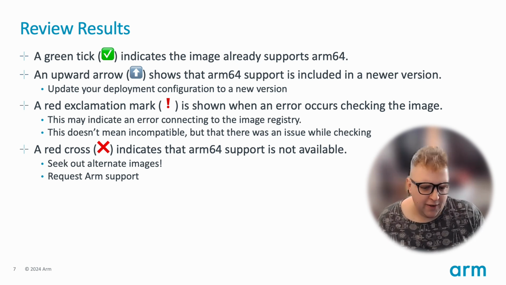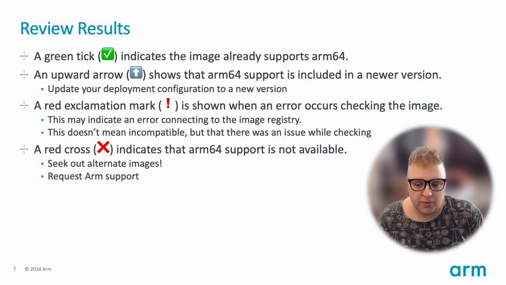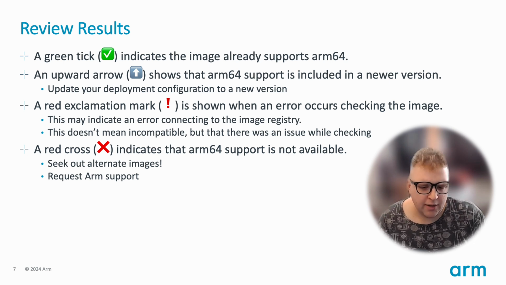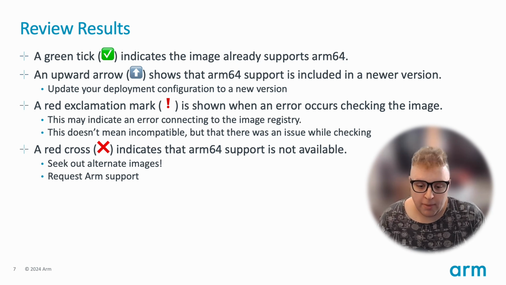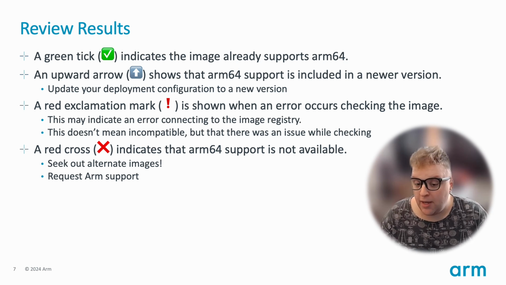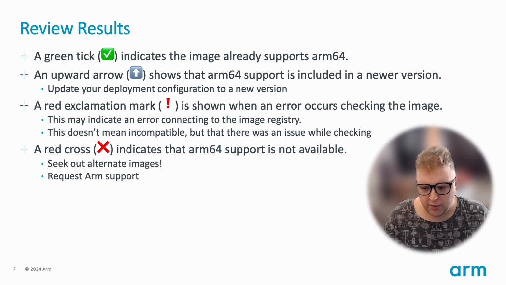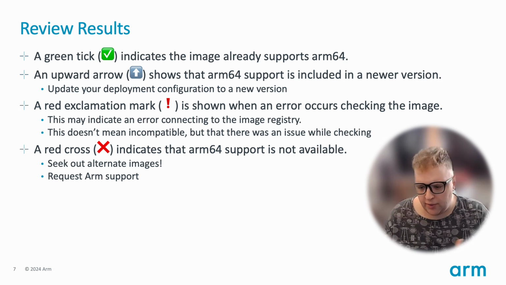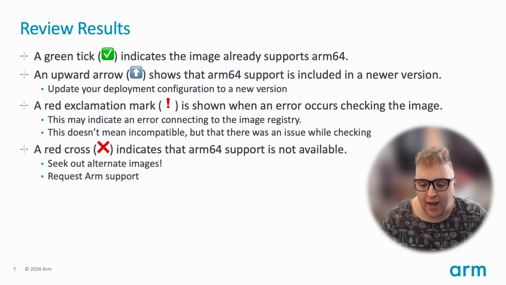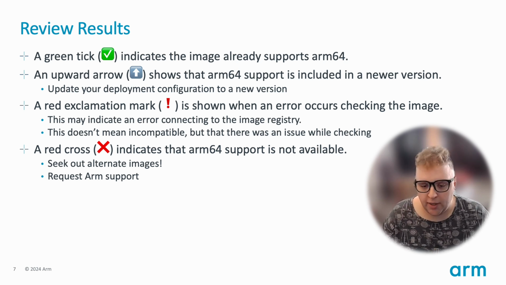And lastly, if you do get that red X that indicates that there isn't ARM64 support, that doesn't necessarily mean that you're not going to be able to migrate to ARM. There might be alternative images out there, either officially for a different source registry, or potentially some other fork or some other equivalent version that is posted elsewhere that might have the support you need for whatever node that you're running.